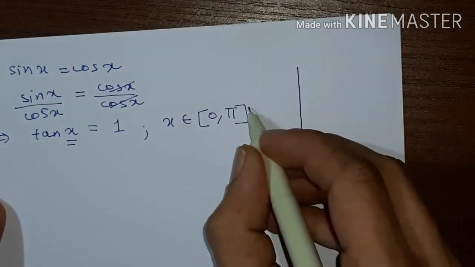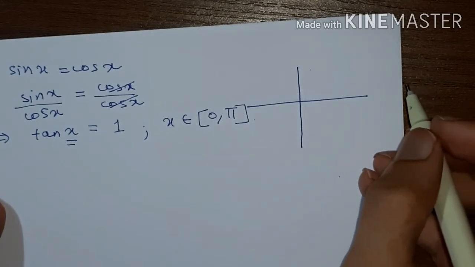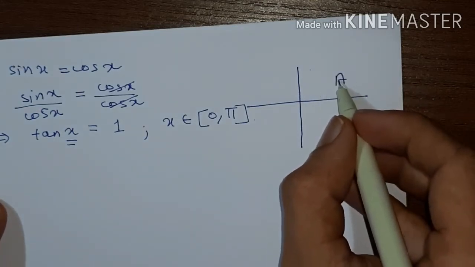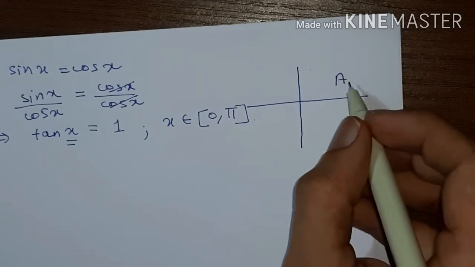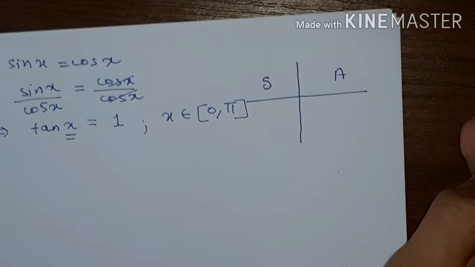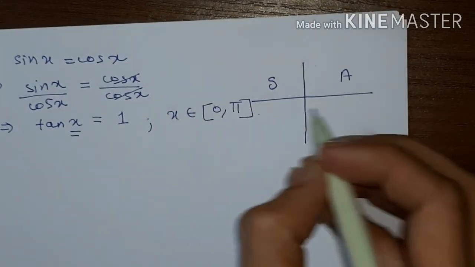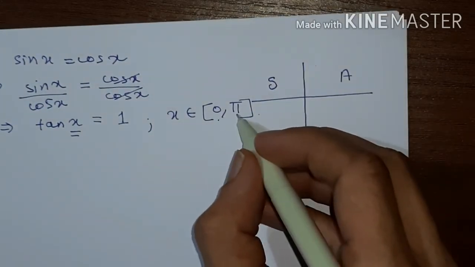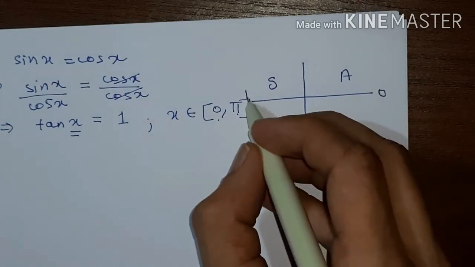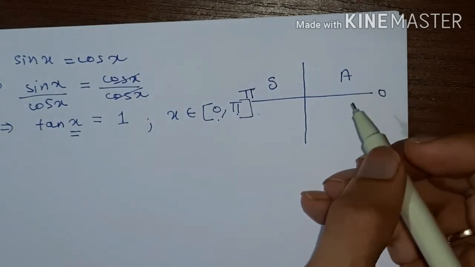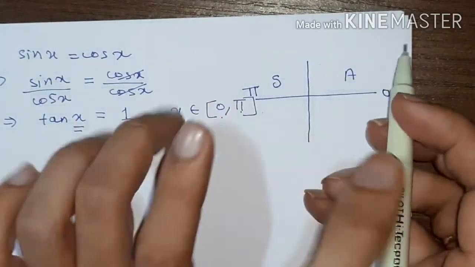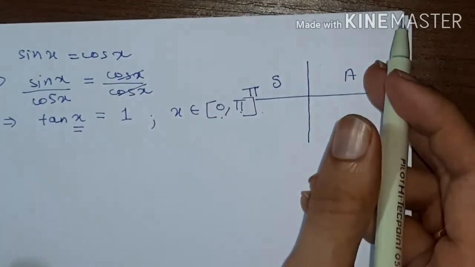So you look at the concept of All Silver Tea Cups. In the first quadrant you have all ratios positive, in the second quadrant sine is positive. We have to only look at the first quadrant and the second quadrant, because this is 0 and this is pi, so the domain is 0 to pi.